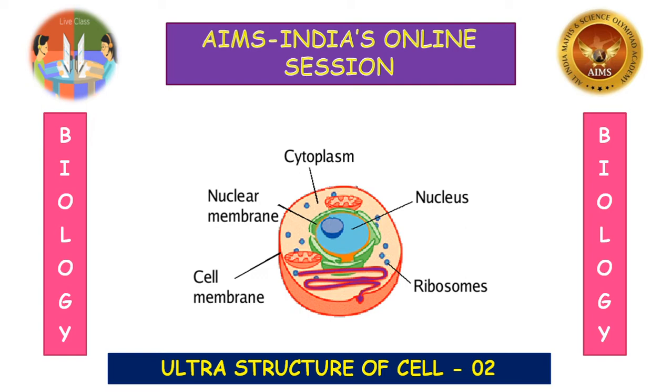The cell theory was put forward in the 19th century by Schleiden and Schwann. We studied the size of the cell, the shape of the cell, and the structure of the cell.